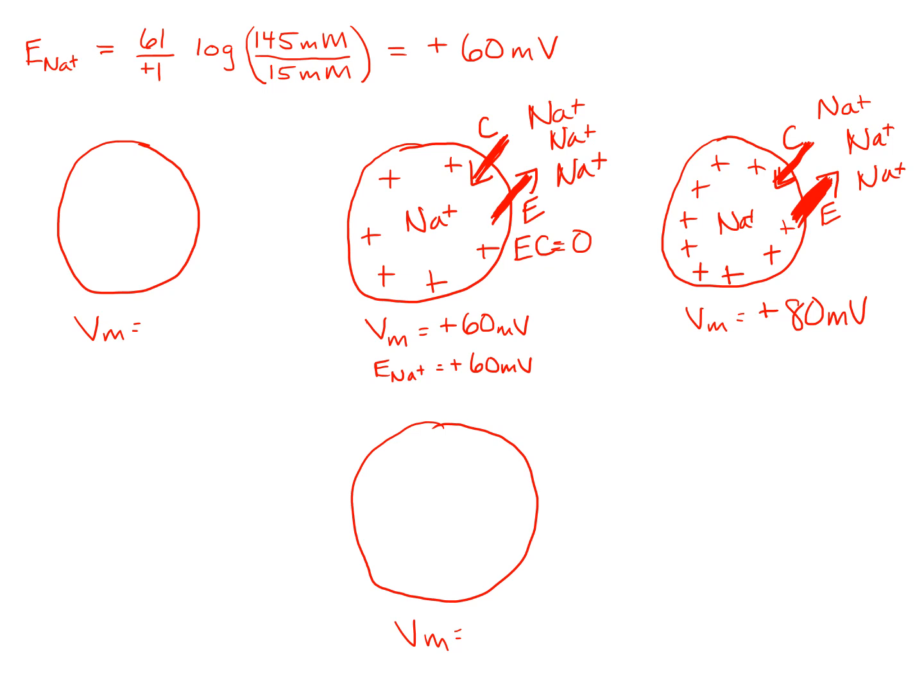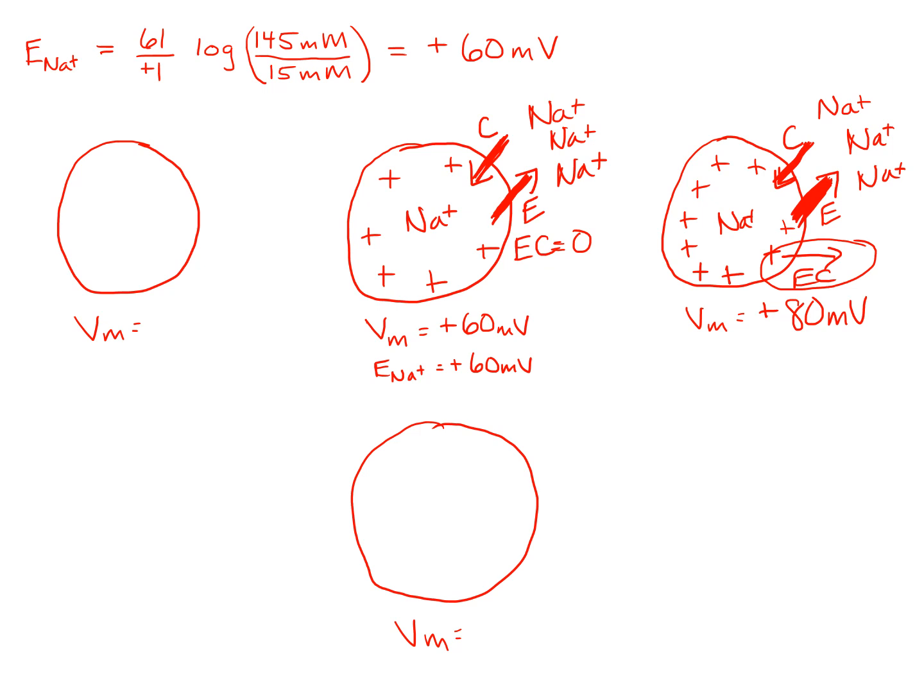So when we add these two together to get the electrochemical driving force, you can see that the electrical driving force is larger than the chemical driving force. So the electrochemical driving force would be out. So at plus 80 millivolts, sodium would move out of the cell.